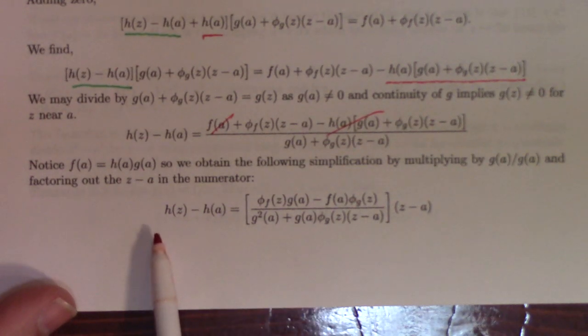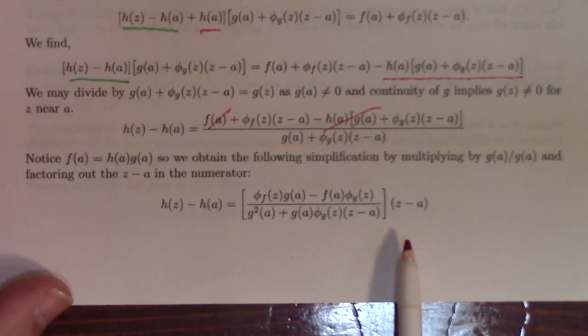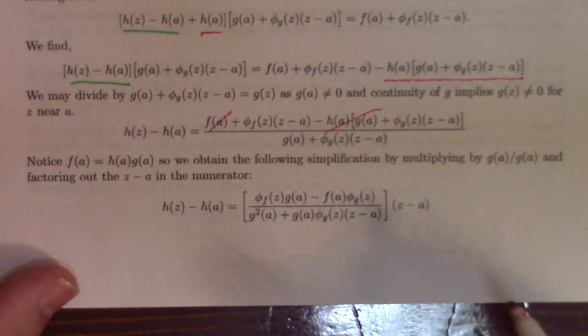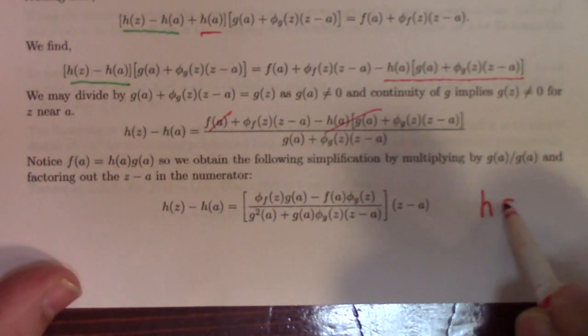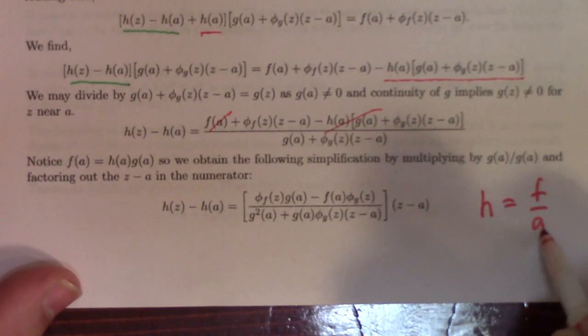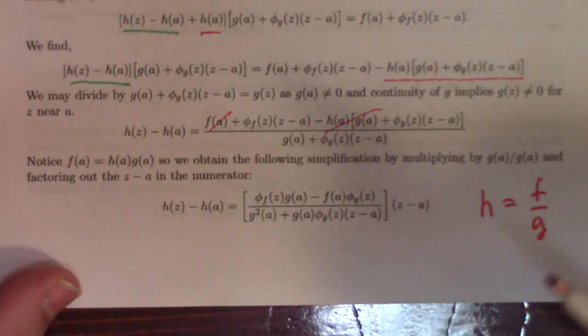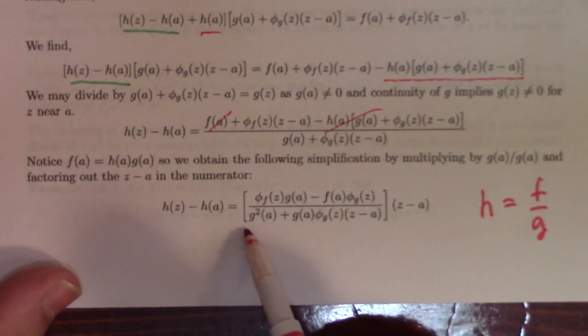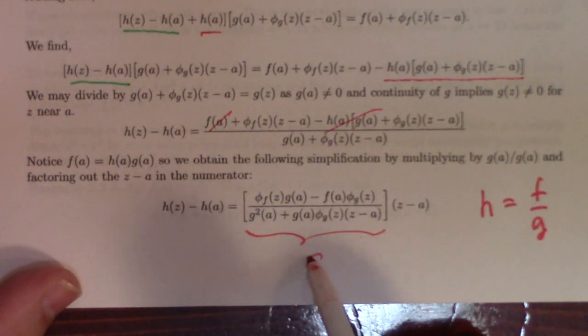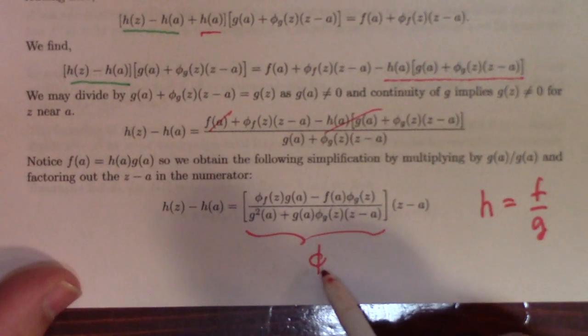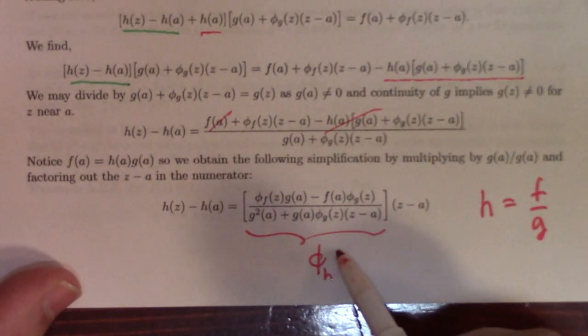So this formula right here shows you that h, I'll write it down here, h is equal to f over g, right? So the function f over g apparently has this guy right here as its Carathéodory function, all right? So this is phi h of z, right?